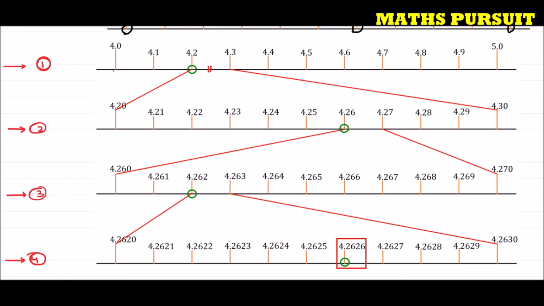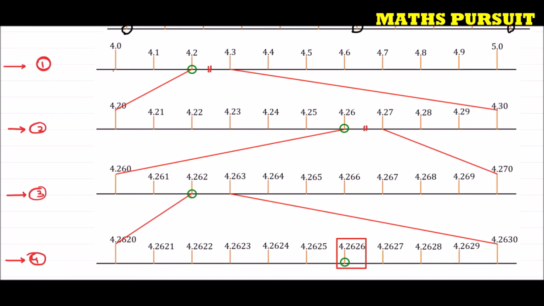In our third number line, we are going to show 4.262. 4.262 will fall somewhere between 4.260 and 4.270. This is what we have shown here with the rounded green circle.